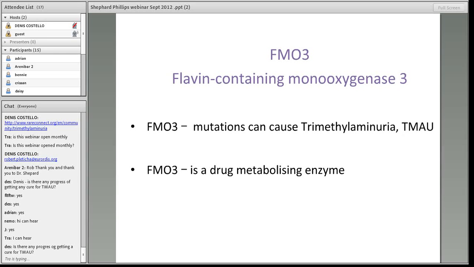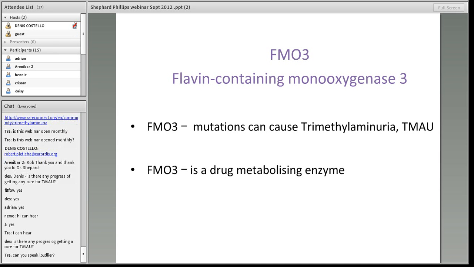So mutations are changes in the base sequence of DNA, so a change in an A, a T, a C, or a G. And sometimes these changes can have unfortunate consequences because they can alter the ability of a protein to do its job properly. Such changes can lower the amount of protein produced, or they can eliminate the activity of the FMO3 protein.